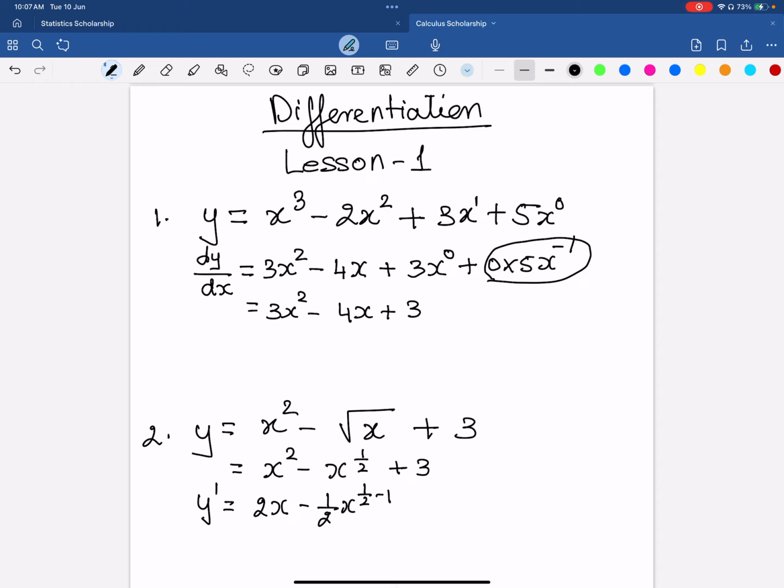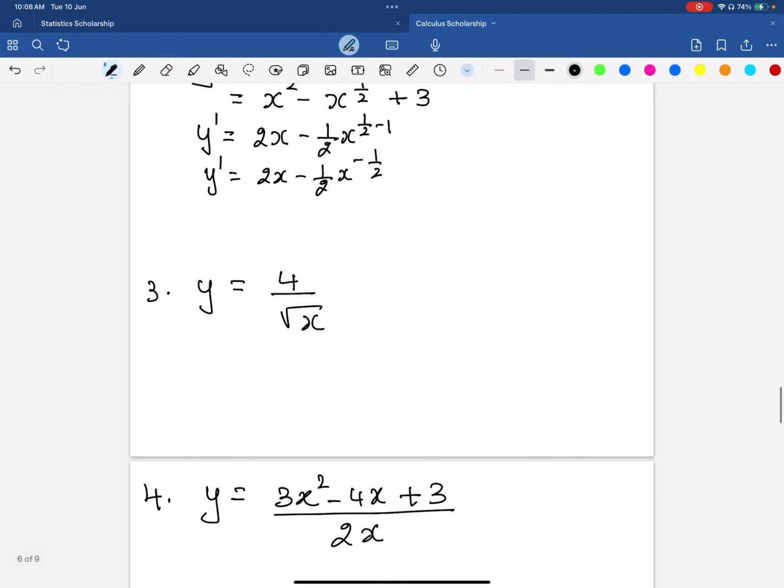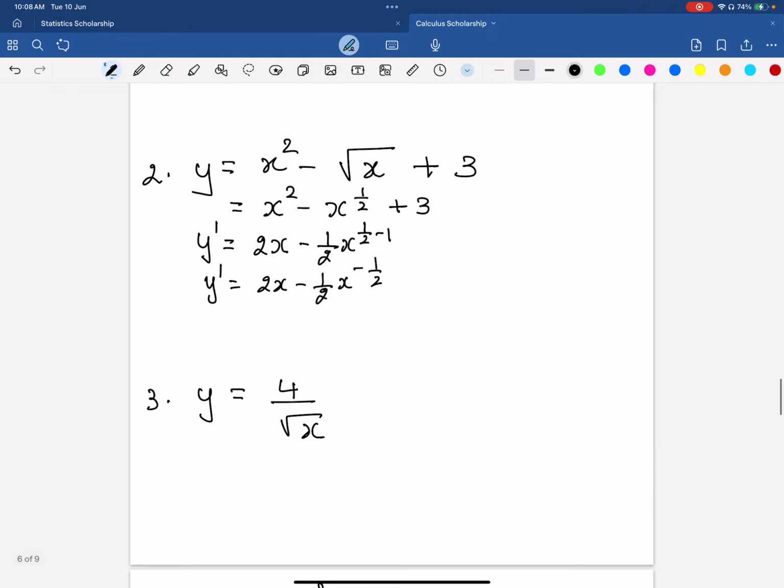And now you know why 3 is disappearing, because when you say y equals 3, it's pretty much a horizontal line. And anything which is horizontal, the gradient is 0. So y dash here is 2x minus half x to the power of negative half. You can just leave it like that because these are pretty much achieved questions and you don't have to simplify them.